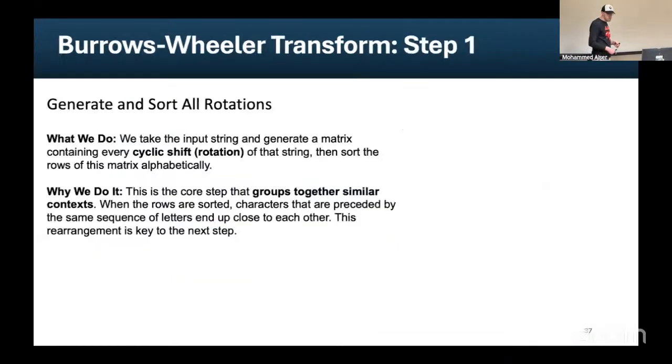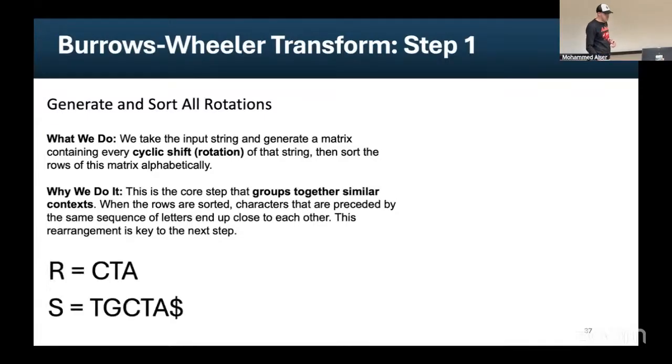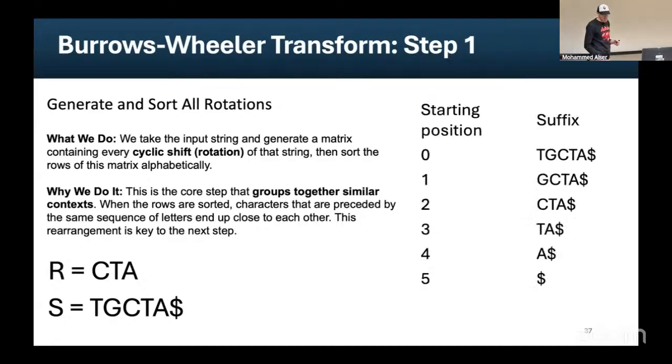For the Burrows-Wheeler transform, the first step is we need to generate and sort all rotations of our string. This is the core step that helps us group together similar contexts before we can search something. So consider that this is our read, this is our sequence, and we simply build this table of suffixes, where each suffix is the substring that starts at a given index.